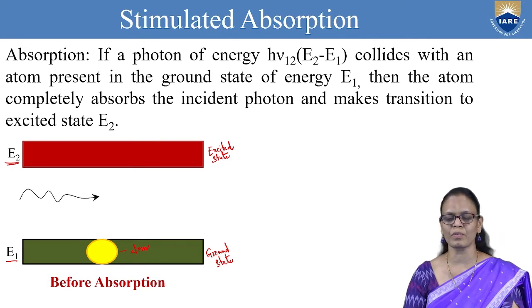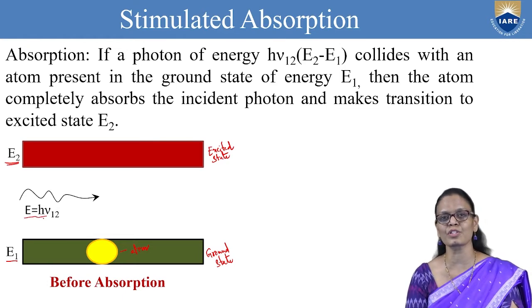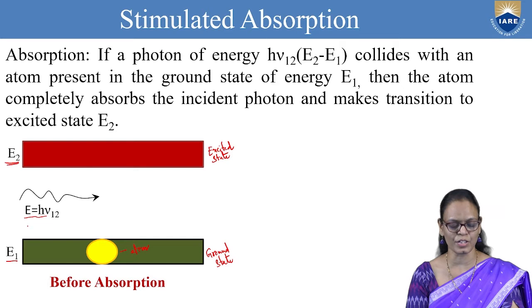So what we do now is we supply energy with the help of a photon. E is equal to h nu represents the energy of a photon. And this should be equal to the difference between the two levels 1 and 2.